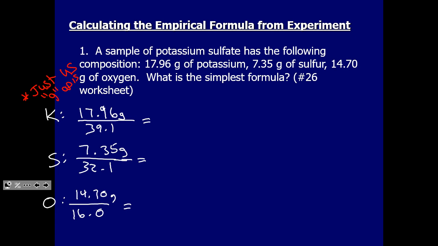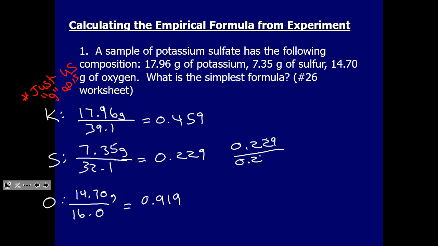Hunter has his hands in his pockets, indicating that he's done some math. What do you got? 0.459. Yep, N. 0.229. 0.229 divided by 0.229 is 1. 0.459 divided by 0.229 is 2.